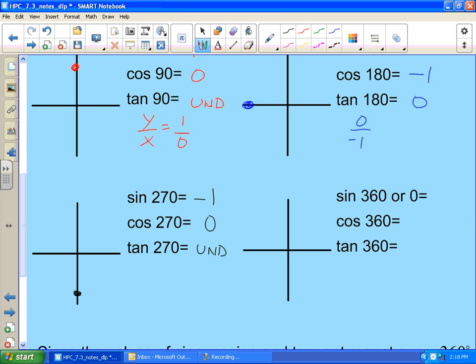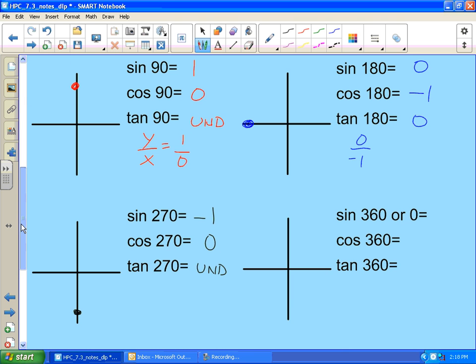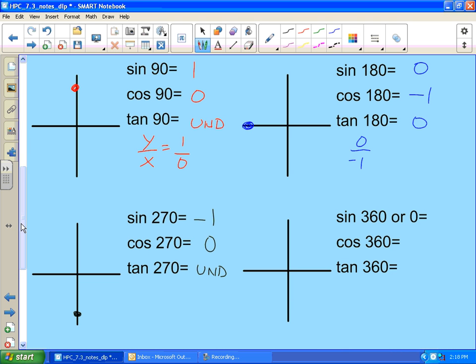So the tangents don't exist at all on the vertical axis, and they become zeros on the horizontal axis. So over there I'm going to get 0, 1, 0. And voila.